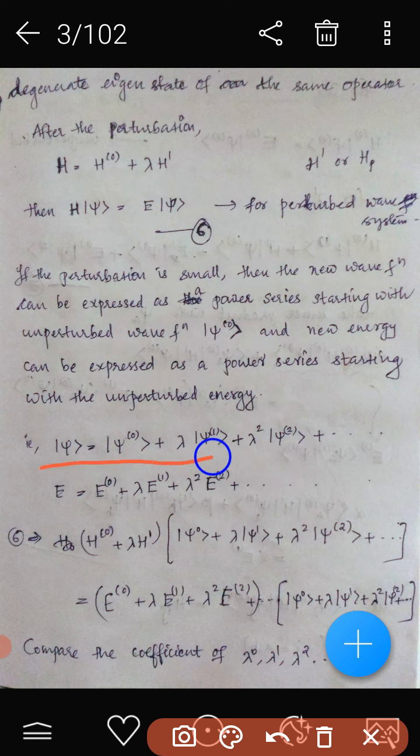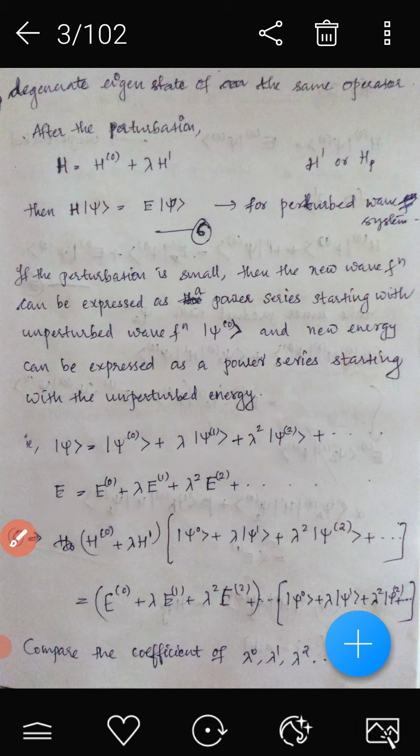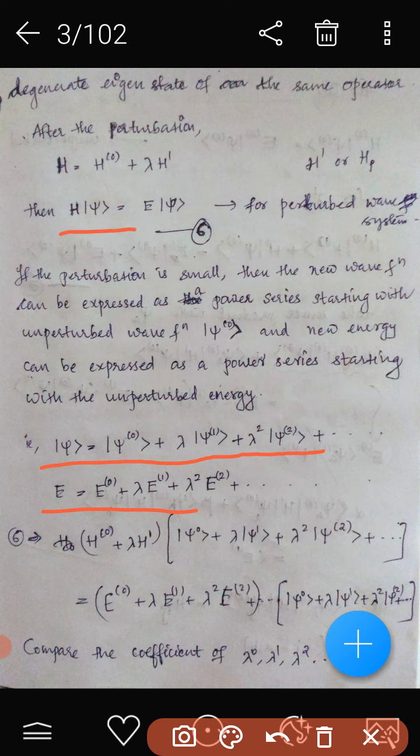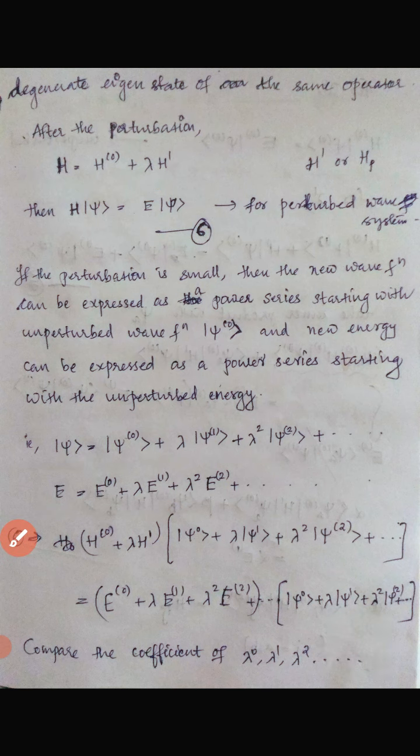Psi can be written as psi 0 plus lambda psi 1 plus lambda squared psi 2 plus etc., and E is equal to E0 plus lambda E1 plus lambda squared E2 plus etc. Now equation 6 becomes, we substitute for psi, E and H, and we get an equation like this.